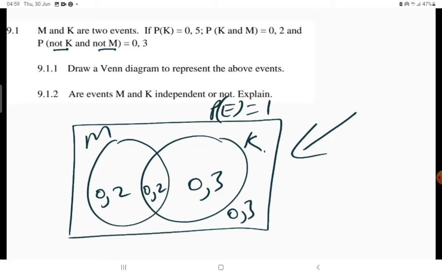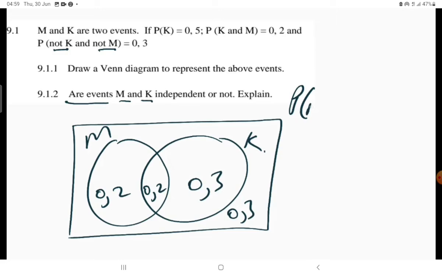The second question says, are the events M and K independent or not? Then you explain. So for them to be independent, the probability of their intersection, probability of M and K, we know is equal to 0.2. So this is just what we have over there.